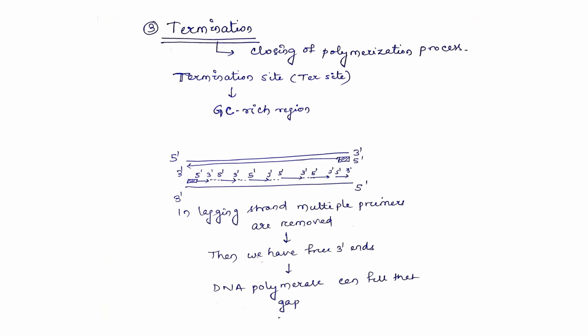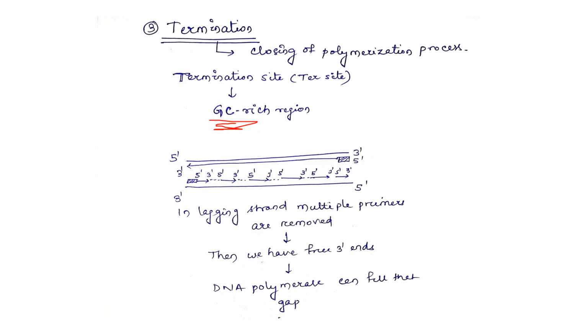Okay, next the process of termination. So after elongation and wrapping around the histone protein, this is the closing of the polymerization process, and generally the termination site is a GC rich region, GGG CCC, like this.